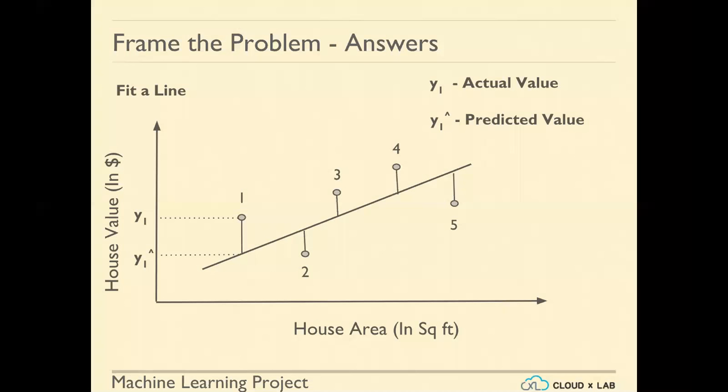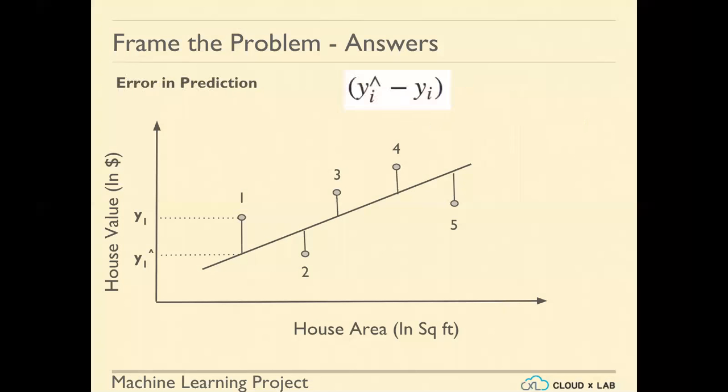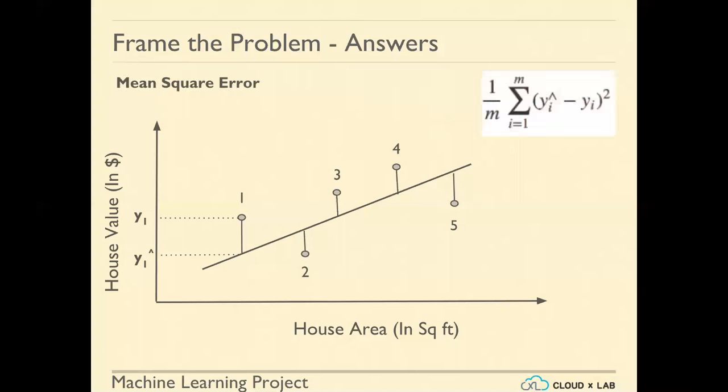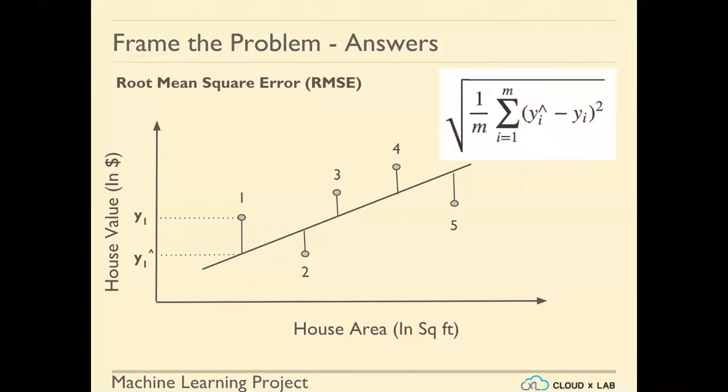Now, how would we come to a single number? By first subtracting the actual from the predicted, squaring it, then summing it up, dividing by the number of points, and then taking the square root. If this number is more, that means our model is bad.